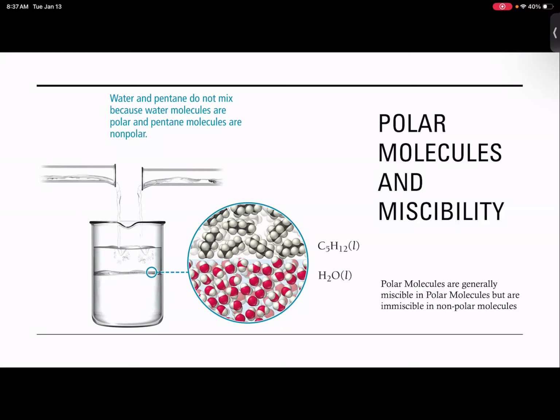They don't want to mix. But water and rubbing alcohol mix perfectly because both of those are polar. So again, miscibility is determined based off of this whole idea of polarity. If it's polar, it wants polar. If it's nonpolar, it wants nonpolar to be miscible. Miscible simply means that the two molecules combine to form a solution.